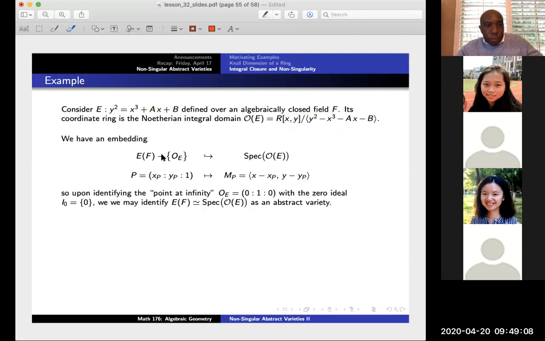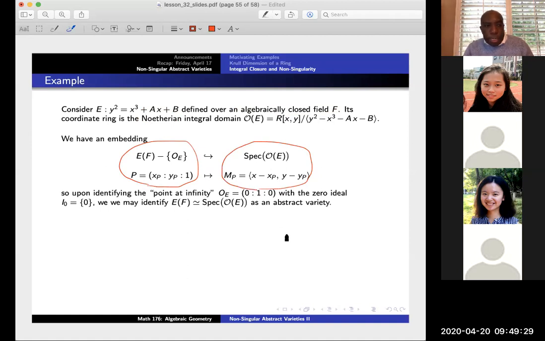Okay. So now let's try to figure out what's really happening in terms of all of the symbols that we had before. Remember that we have an embedding that says take an affine point P and relate that to a maximal ideal.